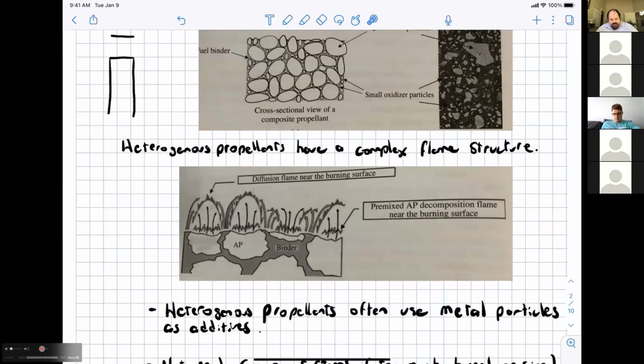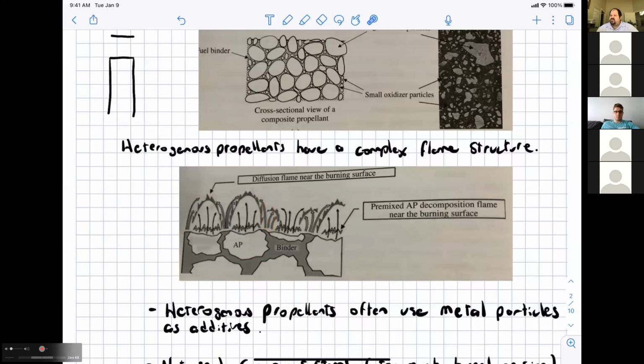And a non-premixed flame is a flame that occurs when you have the fuel and oxidizer separated, and the flame occurs where the fuel and oxidizer meet. And that's exactly what you have at every single interface between an AP particle, which is oxidizer rich, and a fuel binder. So if there's enough heat to basically gasify the fuel binder, this region here is going to be very fuel rich.